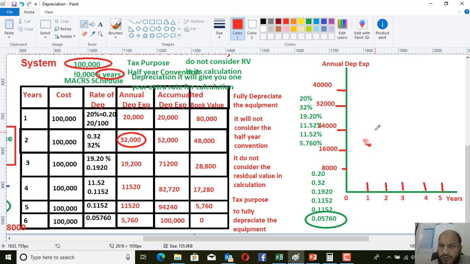Now, dear students, we have 32,000 for year 2, this is the 32,000 place.